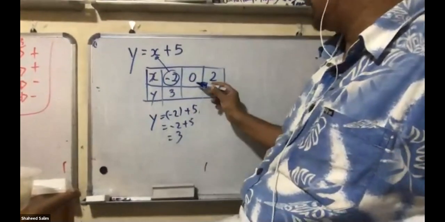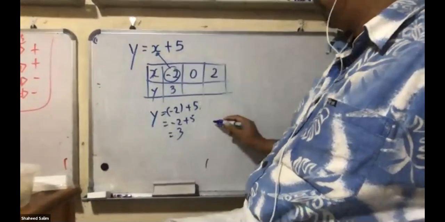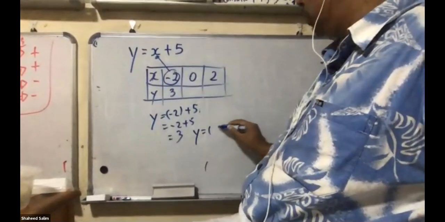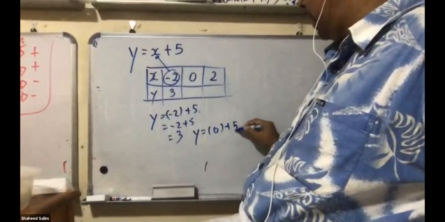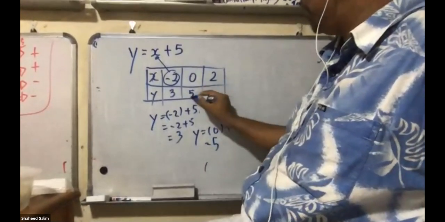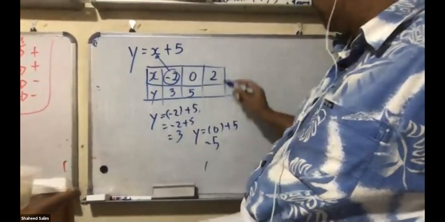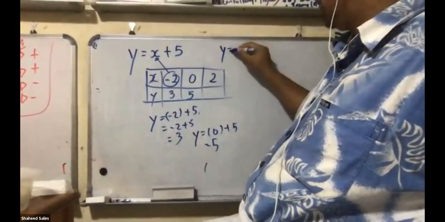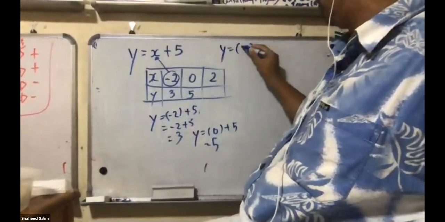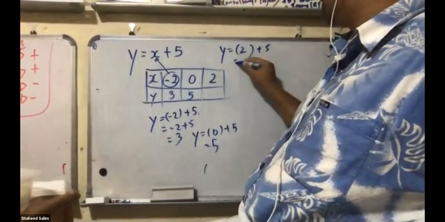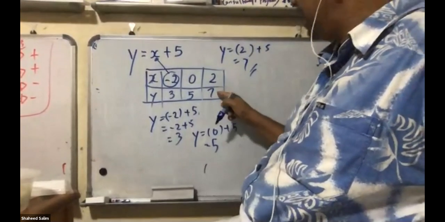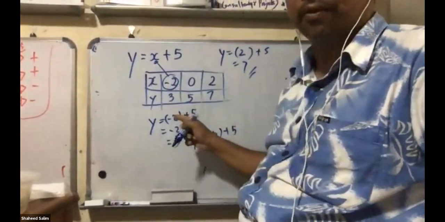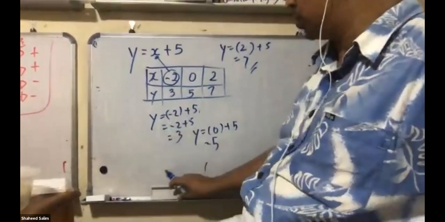Next one, x is 0. So y equals 0 plus 5. 0 plus 5 is 5. Now 2. So y equals, we put the x in brackets, 2 plus 5 equals 7. So what are all these? These are your coordinates. I'm going to show you what coordinates.